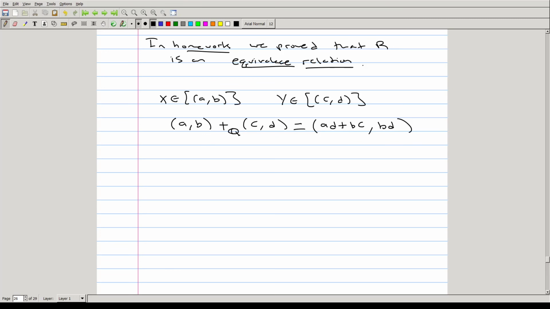And this is how we define the addition of these ordered pairs in this relationship. This is directly mathematically equivalent to the idea of adding two rational numbers, a over b plus c over d, and bringing them to a common denominator, in which case you get a new rational number that's ad plus bc divided by bd.